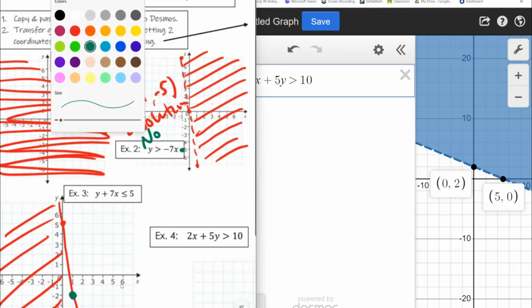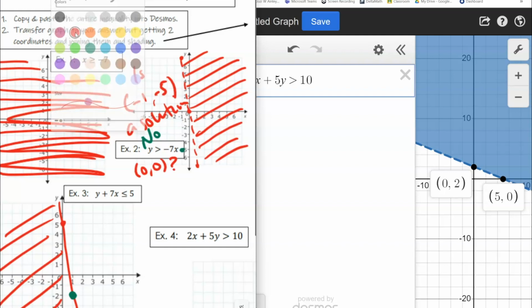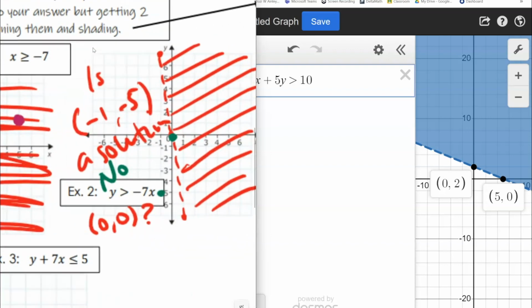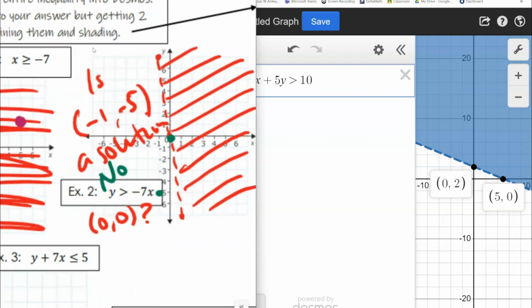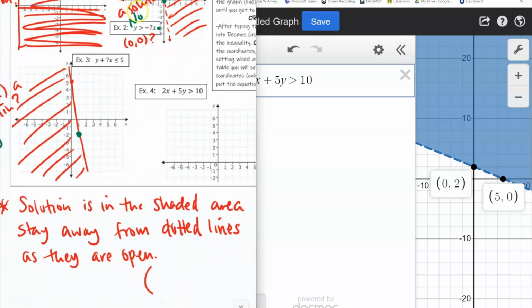Okay, we're going to add one more question to this one. What about, let's do 0, 0. Is 0, 0 a solution? So again, add that to your notes. You're going to plot a point at 0, 0. Now that is exactly on a dotted line. So remember, a solution is in the shaded area.